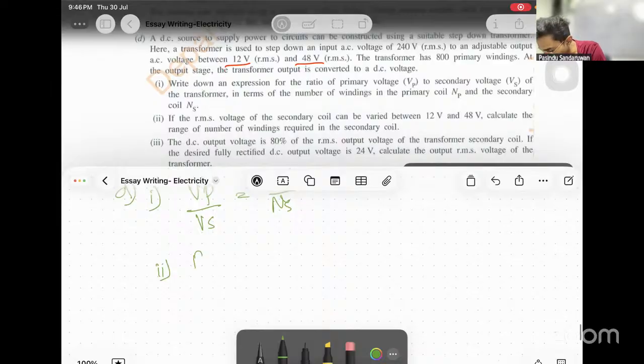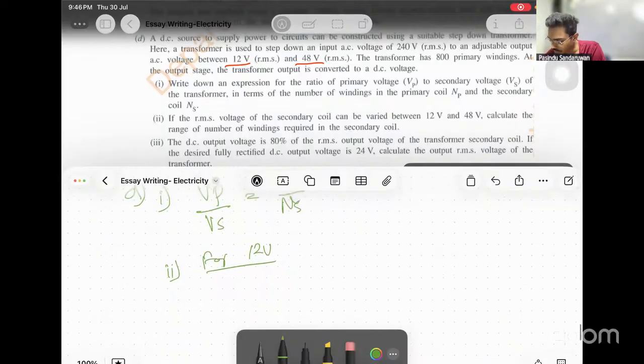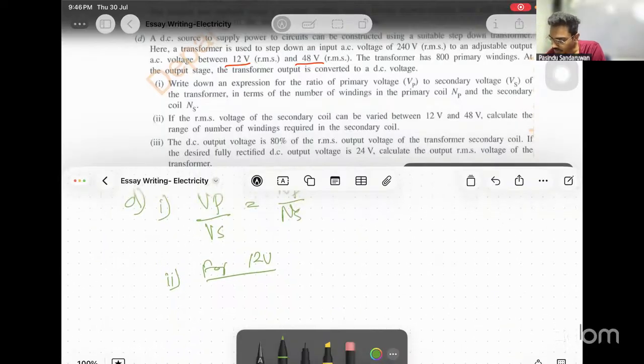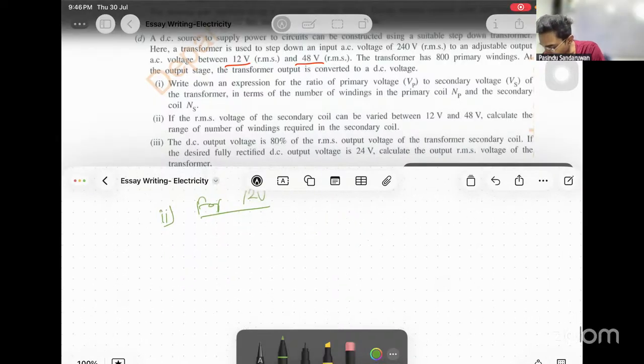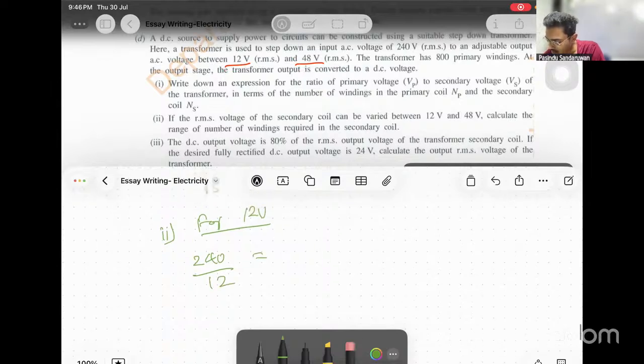For 12 volts, Vp over Vs, the primary voltage is 240. Then 240 over 12 equals primary windings 800 over Np.